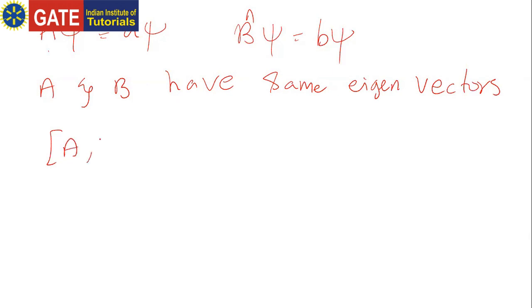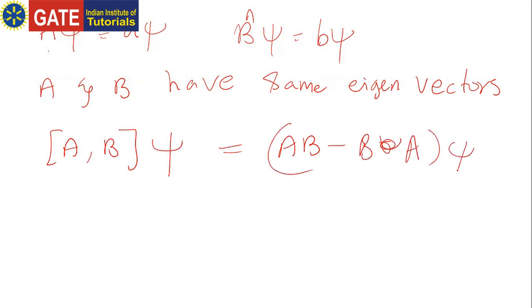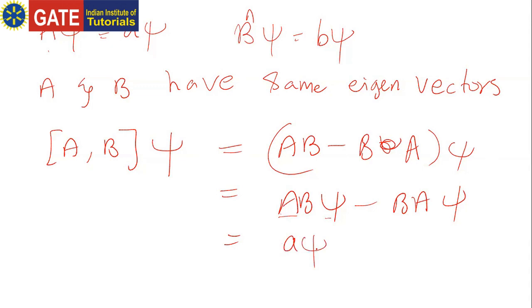Now, what is [A, B] psi? This can be written as (AB minus BA) psi, that is AB psi minus BA psi. Substitute. What is A psi? A psi equals small a psi. Yes, small a psi.